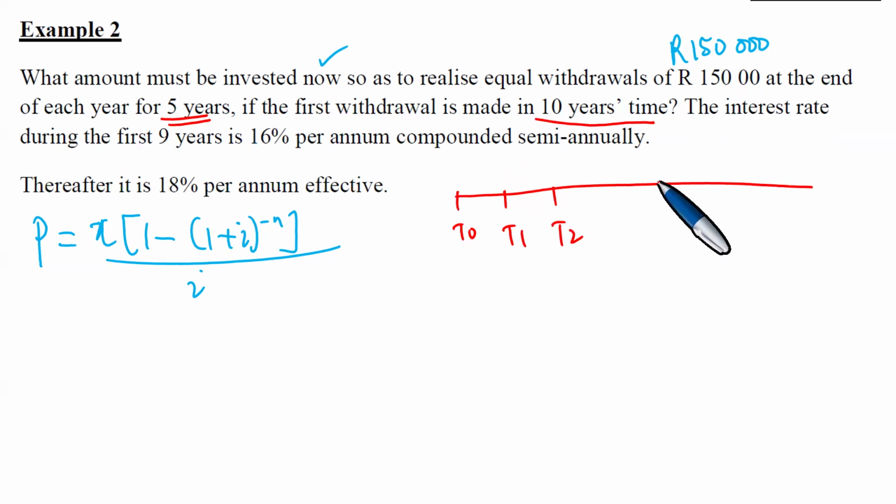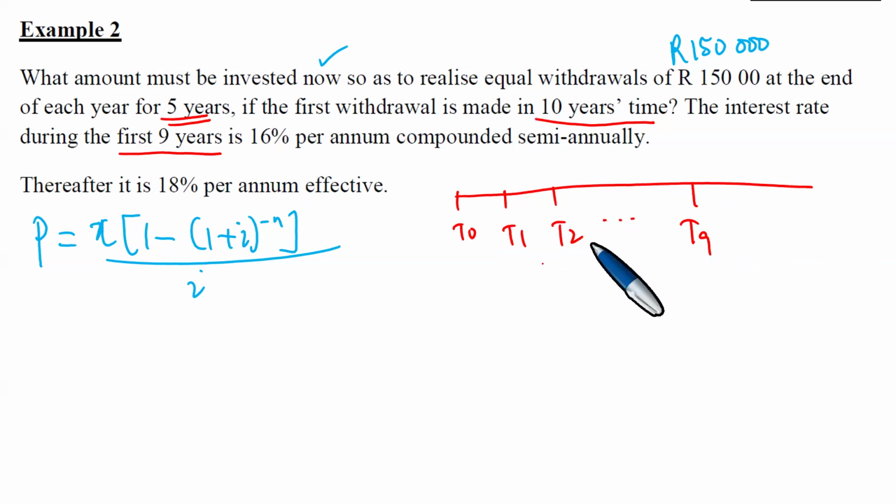So obviously, if that is the case, the interest rate during the first 9 years is actually 16%. So you're going to do the first 9 years up to T9.